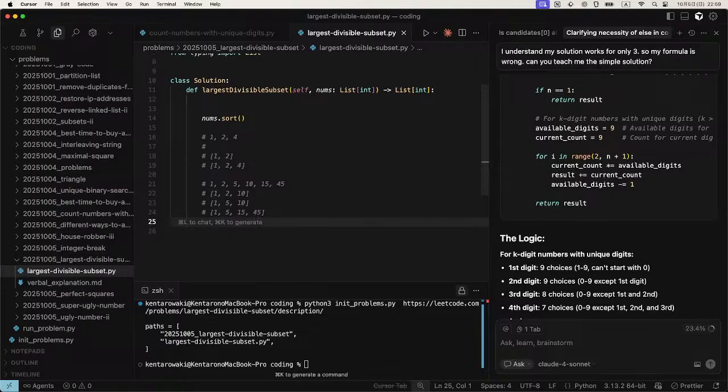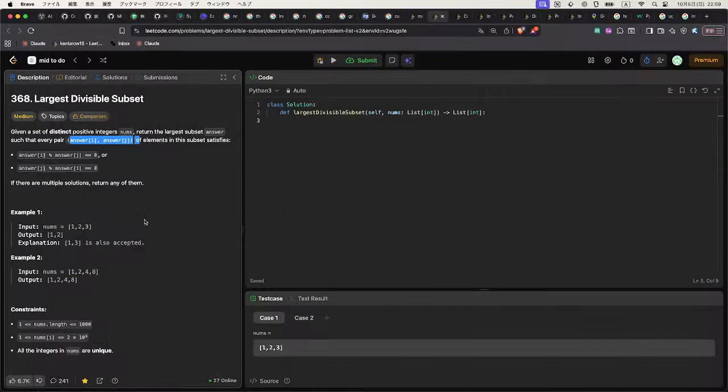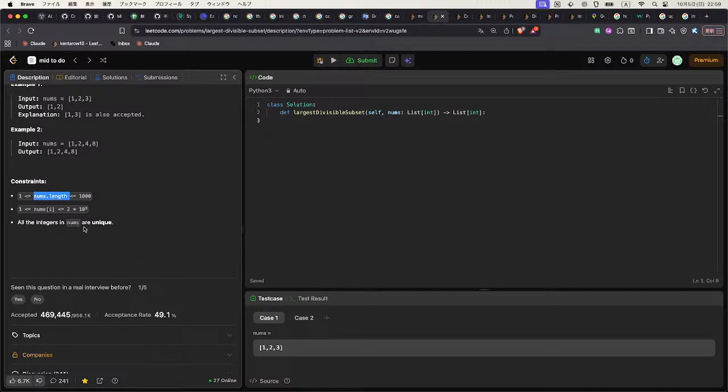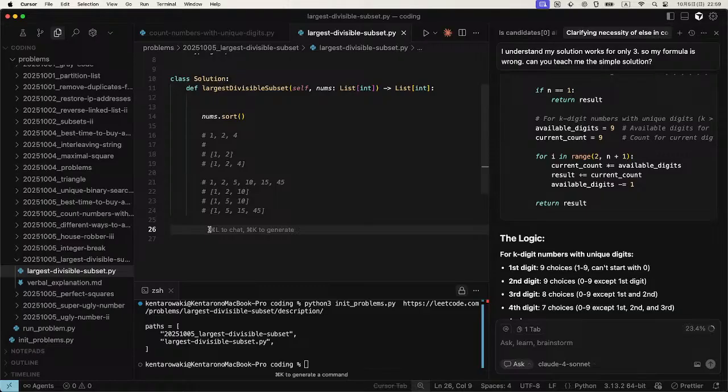So how to implement this? Let's see the size. 1000. So we check all of the elements in the nums array.